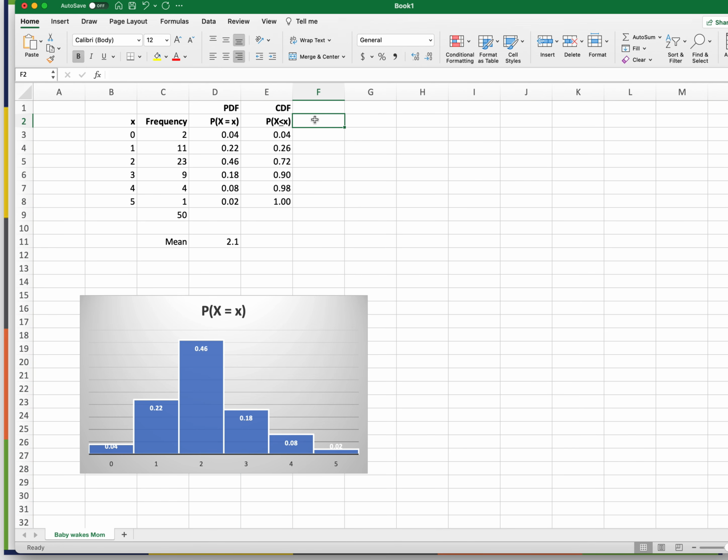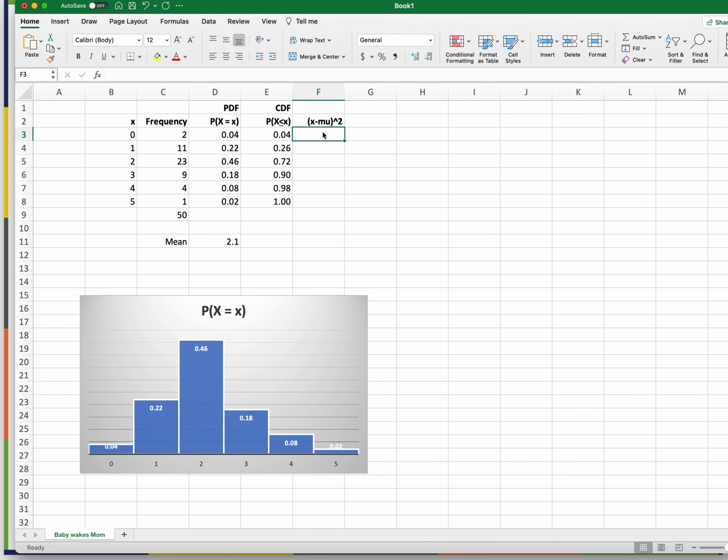So I can do mu, I'm not going to use the Greek letter, minus, or x minus mu, and what I'm going to do is square it. Which means I'm going to raise it to the second power.